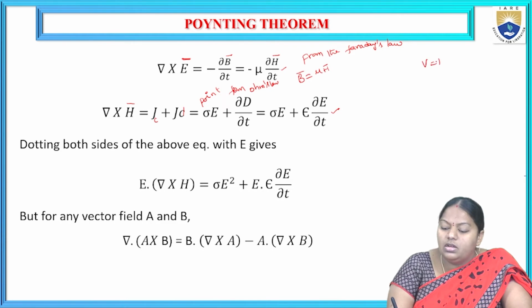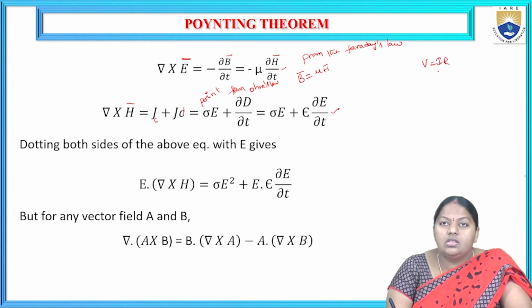V equal to IR, and its analogue in field theory is J equal to sigma into E, where J is the conduction current density, analogous to current in Ohm's law, sigma is conductivity, analogous to resistivity, and E is analogous to voltage.